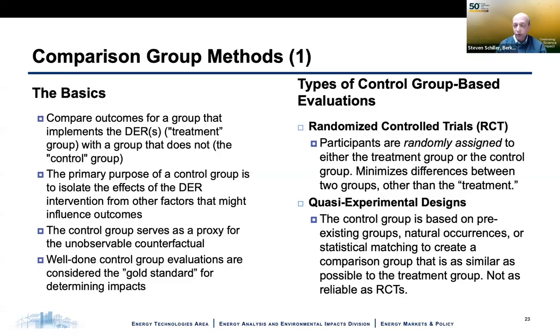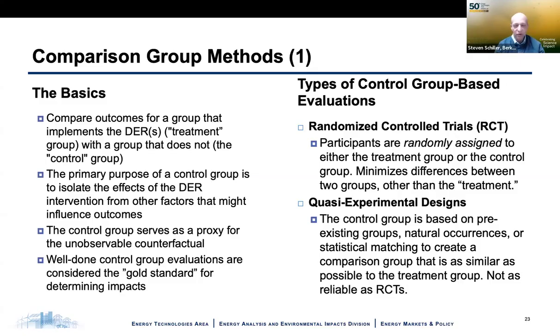The two approaches used: randomized control trials, again, this is what's used in testing out drugs, where participants are randomly assigned to either the treatment group or the control group. That really minimizes the differences. This isn't always possible, so you have this fancy term of quasi-experimental designs.